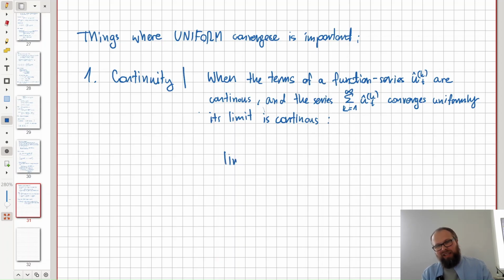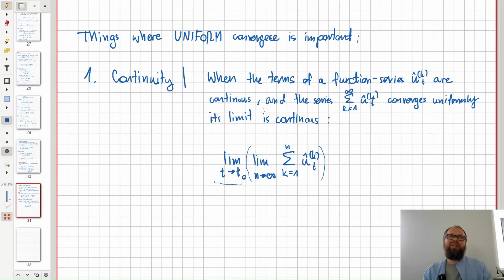So I take the limit t going to t0. This is what we're testing, continuity of the limit n goes to infinity of a partial sum of u_k(t). So this would be, in our series, the limit, and we are looking for continuity.